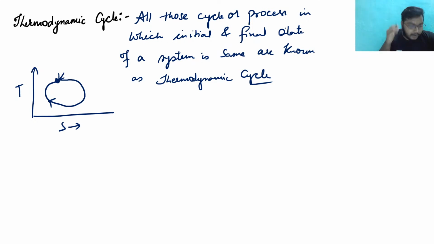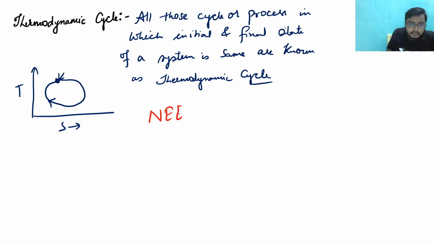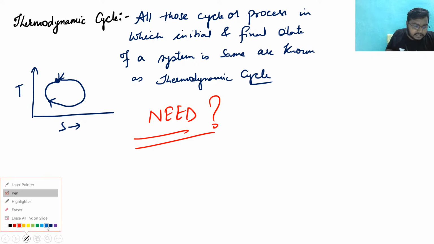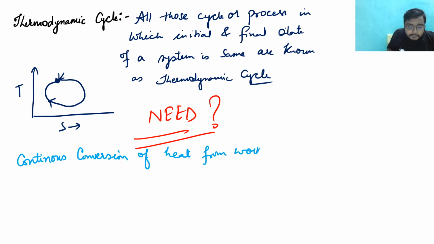Now see, why is there a need? Why do we need a thermodynamic cycle? Please understand why we need it. Because of the continuous conversion of heat from work and work from heat.